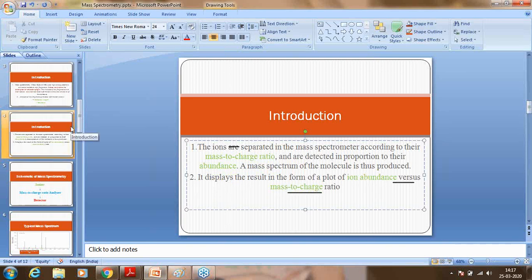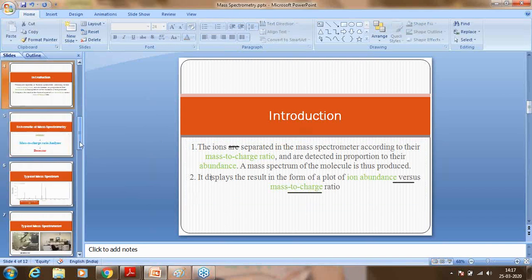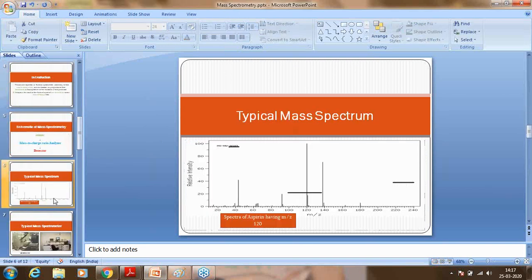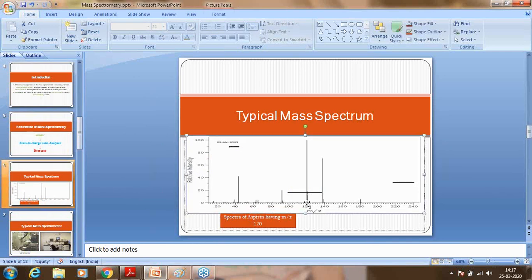I'll show you one spectrum of a molecule. This is the typical mass spectrum of aspirin. You can see here the mass upon charge ratio of the aspirin is 120, and this is the 100% relative intensity.